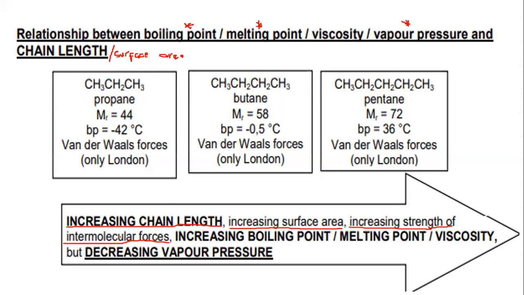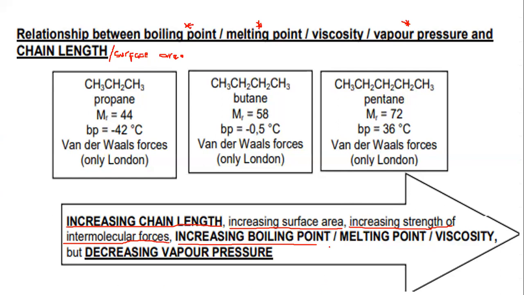Now, when that is happening, it means the boiling point is also increasing. How do we know the boiling point is increasing? Because we said the stronger the intermolecular forces, the higher the boiling point. So when the intermolecular forces are getting stronger, the boiling point is also increasing altogether.